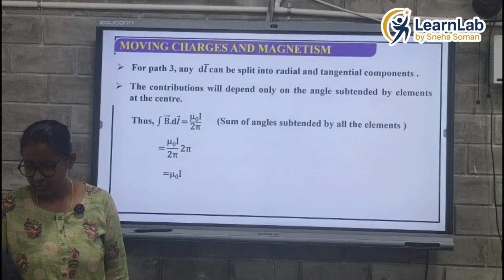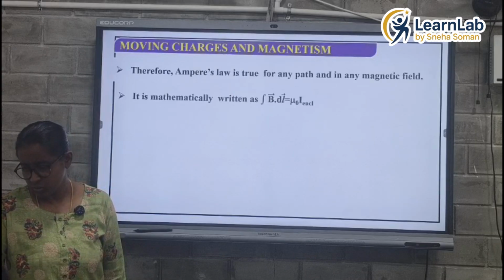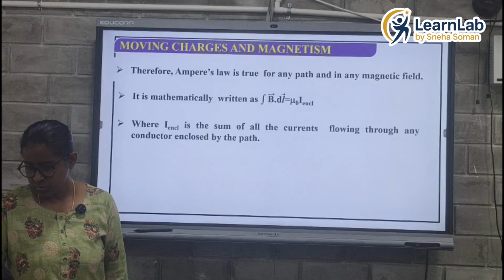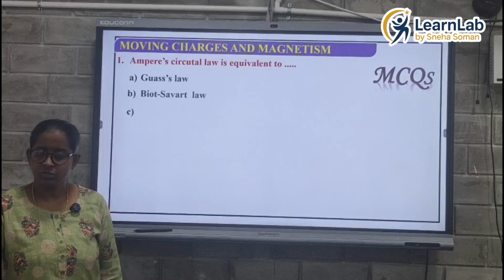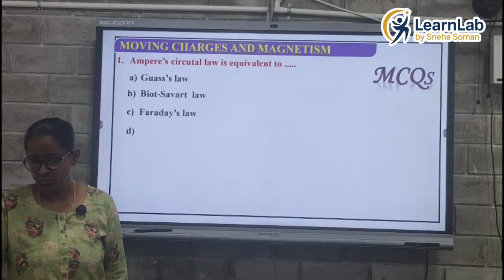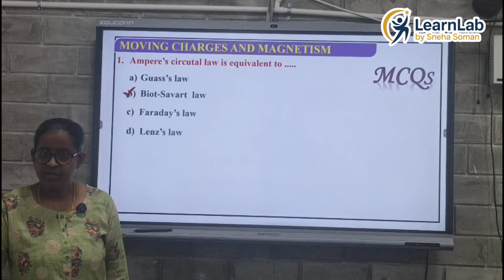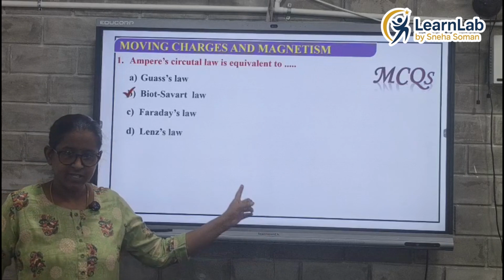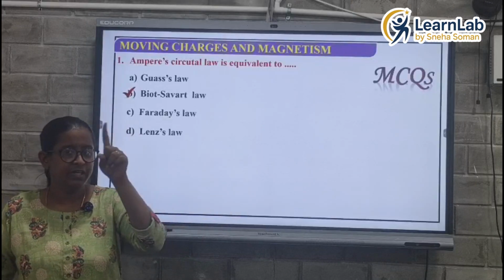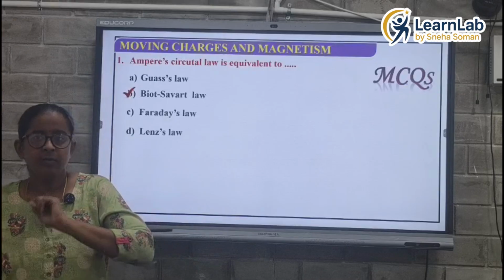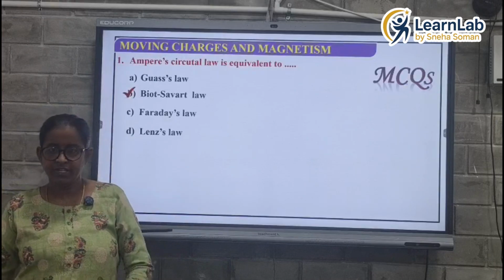So they did it for another path element also, through the sum of all the elements. So Ampere circuital law is equivalent to the Biot-Savart law. We are only comparing. I said, right, mu naught times I by 2 pi r d theta is the Biot-Savart law extension for a theta value.